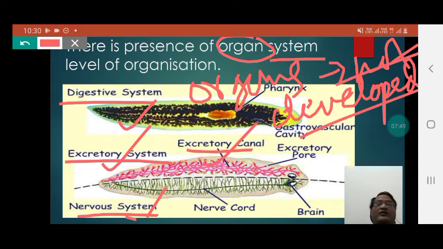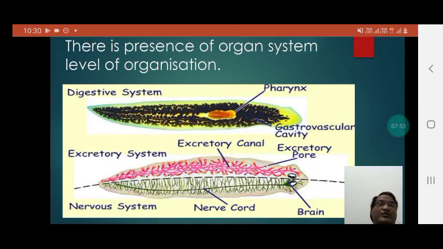They have started showing a little development in the organization of the body.